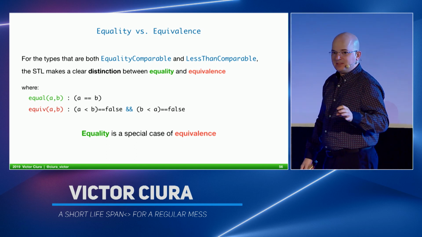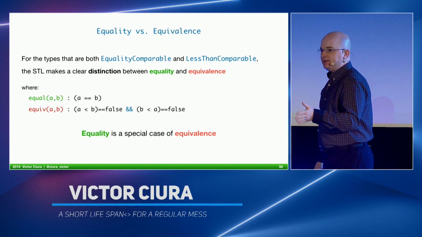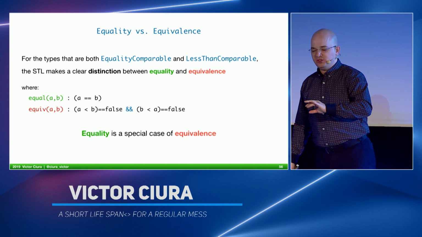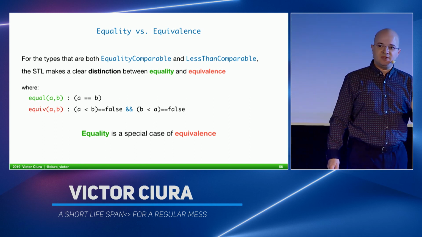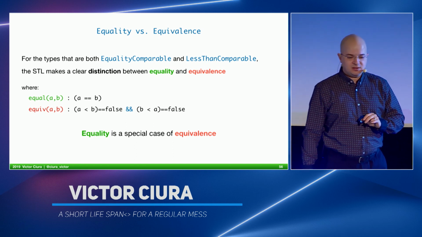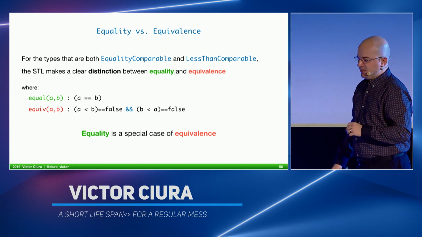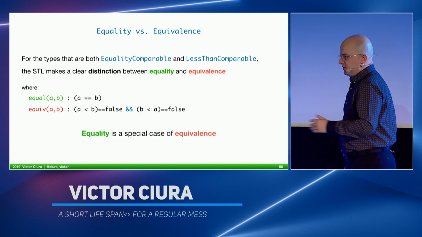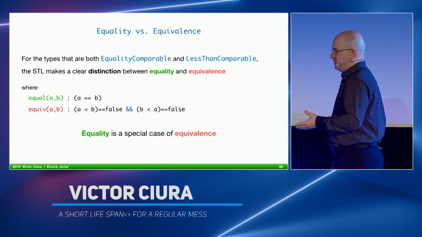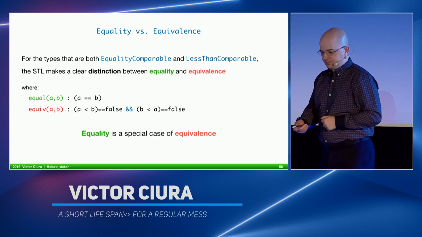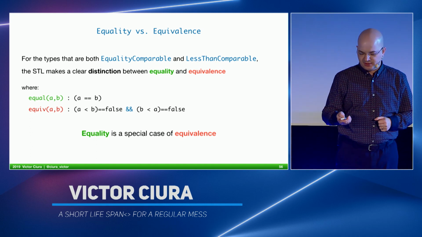And for types that are both equality comparable and less than comparable, STL makes a distinction between equality and equivalence, and it's sometimes subtle. And we sometimes do weird things around this area. Of course, equality is just a special case of equivalence. And this is how it should be defined.